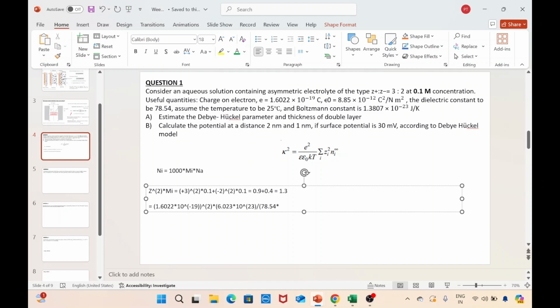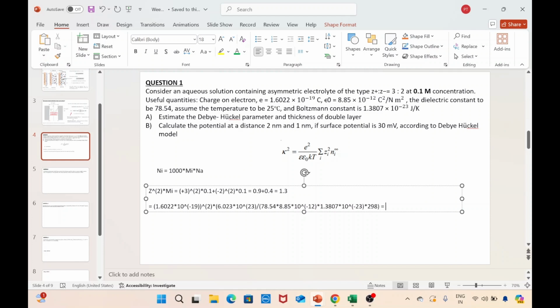Epsilon naught value is given as 8.85 into 10 to the power minus 12 coulomb square per Newton meter square, times K, that is your Boltzmann's constant, 1.3807, times your temperature, that is 298. Yeah, 25 degrees Celsius, so that is 298.